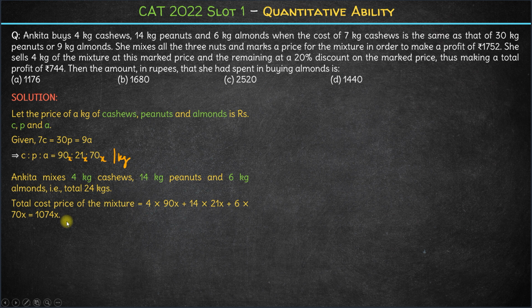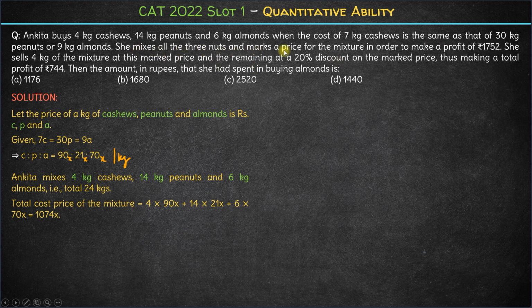That's what is happening. Now what she does is she sells 4 kg of this mixture at this marked price. So this is the marked price for the full 24 kgs, right? Now this is the marked price for 24 kgs. So what would be the marked price for just 4 kgs? So wait, no, I did not read it.